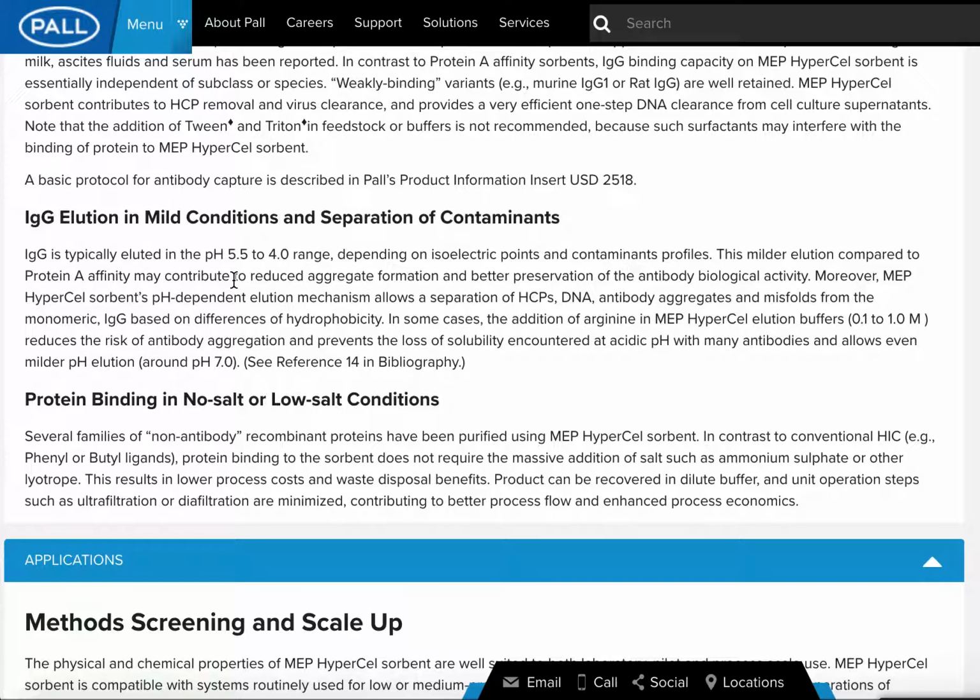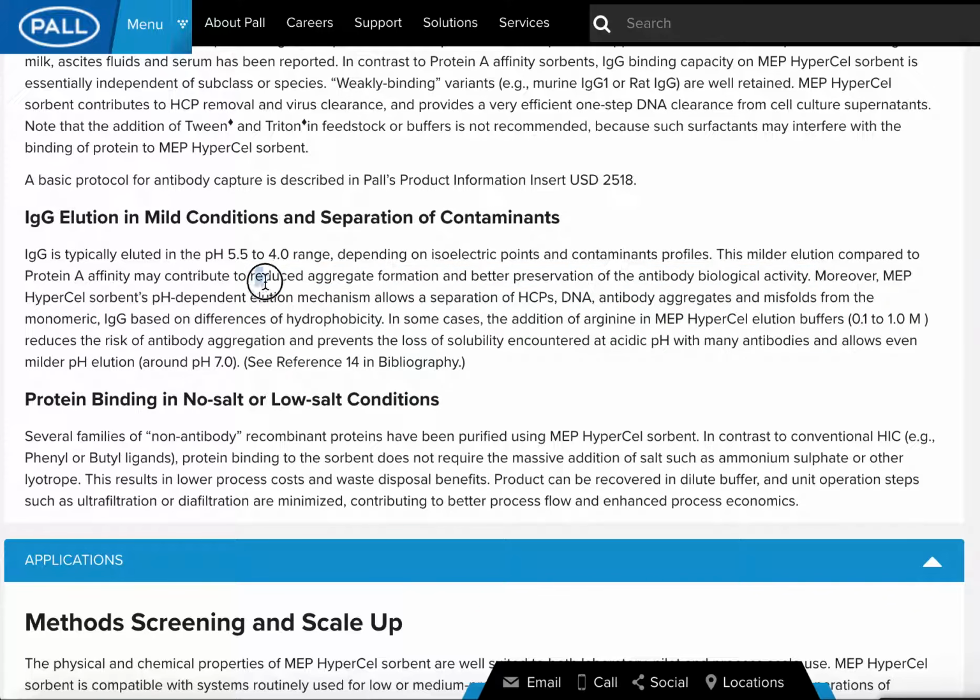IgG is typically eluted in the pH 5.5 to 4.0 range, depending on isoelectric points and contaminant profile. This milder elution compared to protein A affinity may contribute to reduced aggregate formation and better preservation of the antibody biological activity. So you can see the reduced aggregate formation and better preservation of the antibody biological activity.